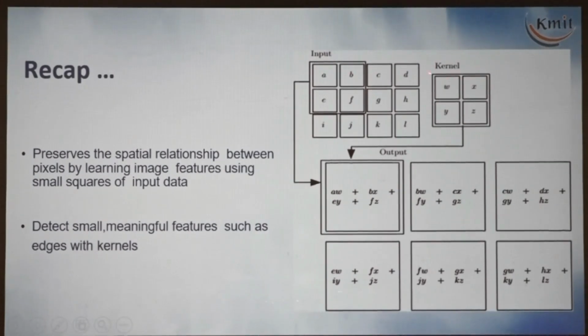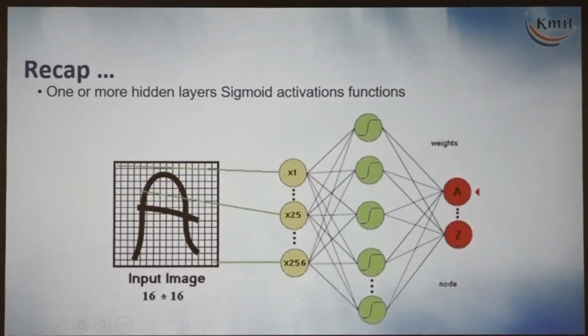See here, I am taking a small kernel, and one more problem is weight explosion. Weight explosion means, in the previous case, if you see this, how many? X256. For each X, you will have a W. The formula is WiXi, so for each X value you should have a W. So how many W's are there?